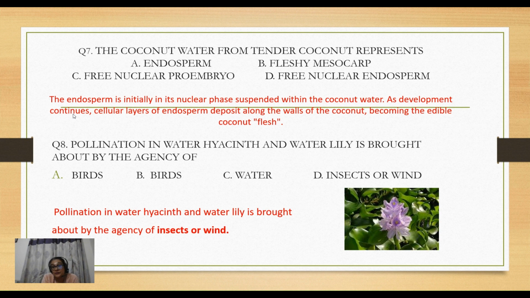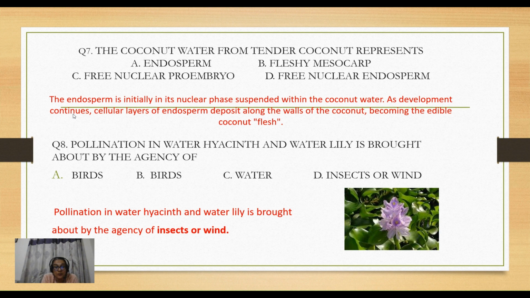In which the nucleus divides continuously without cell wall formation. So endosperm is initially in its nuclear phase suspended within the coconut water, and as the development continues, cellular layers of endosperm will also develop. That becomes the edible coconut flesh. So coconut water from the tender coconut represents the free nuclear endosperm.